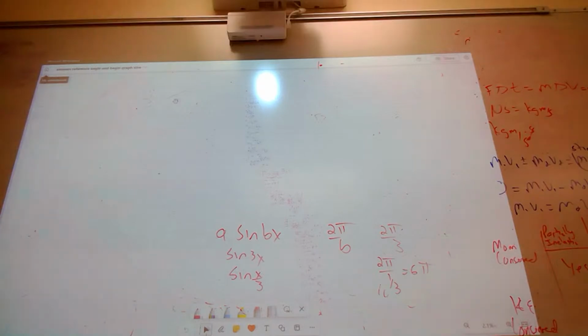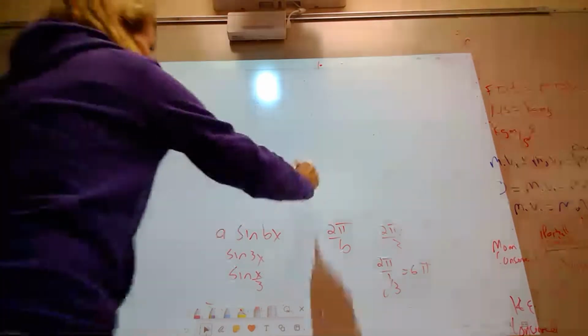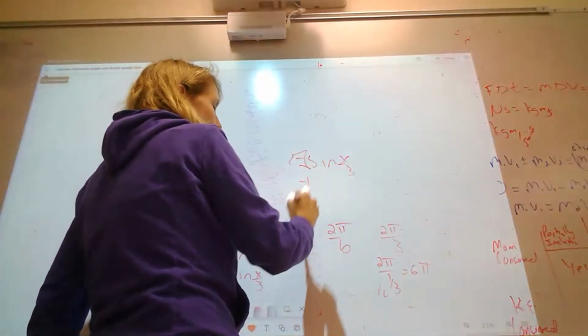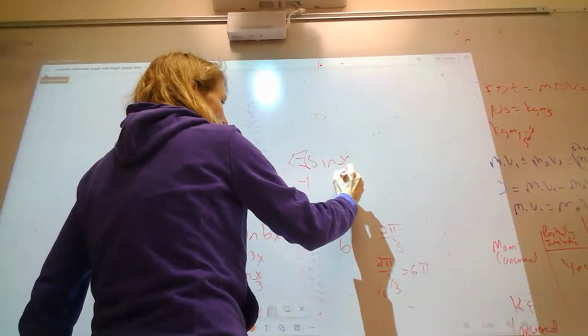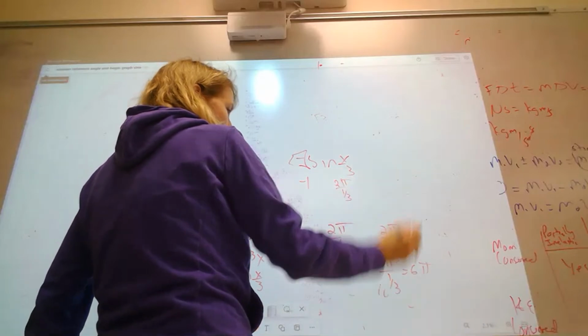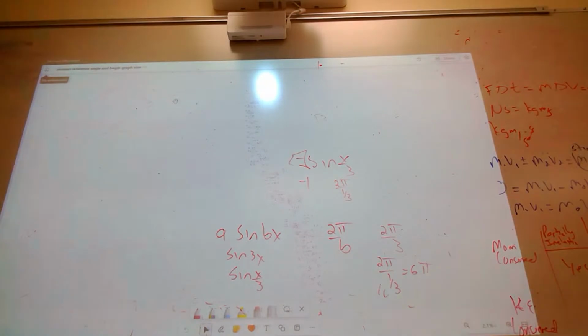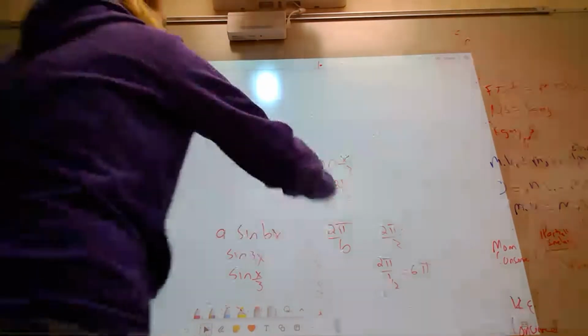The next one, they have negative sine x over 3. So your b is 1/3, and the period is 2 pi divided by 1/3, so 6 pi, as I just went through with you. Then they give you negative 2 sine 3/4 x.